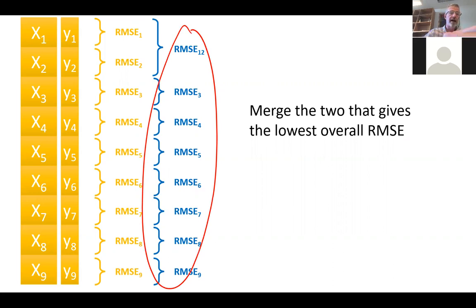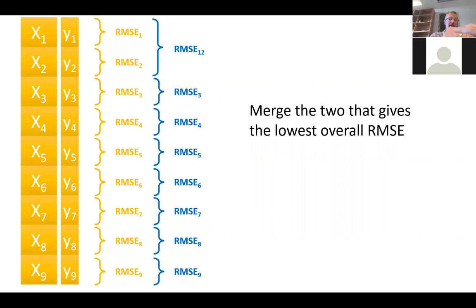So now I have one model here. Before I had a model of calibration samples from situation 1 and situation 2, but now I just have one combined model. So now instead of 9 models, I have 8 models. And I can continue now.